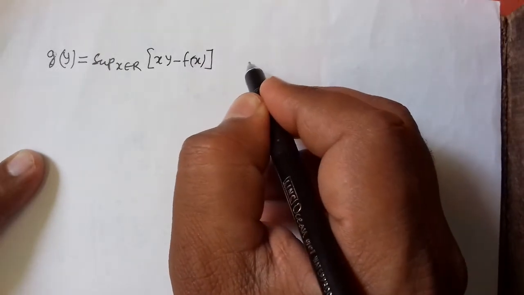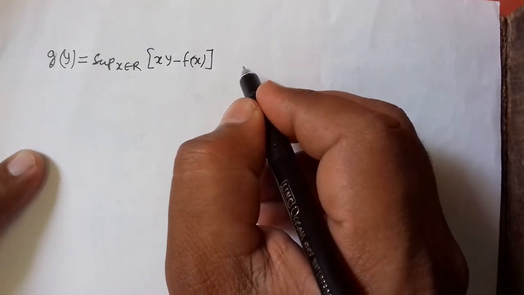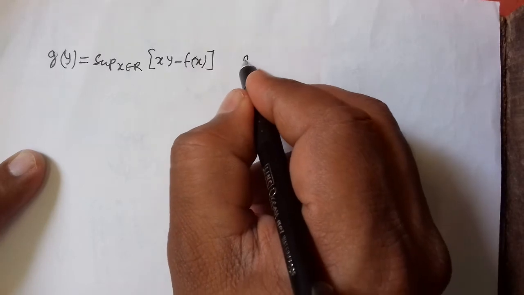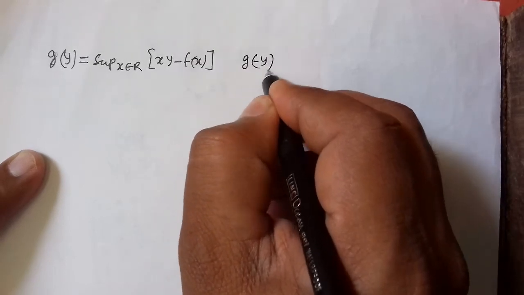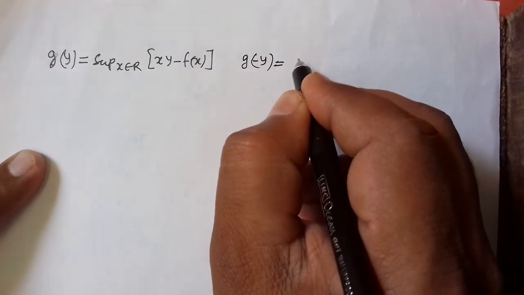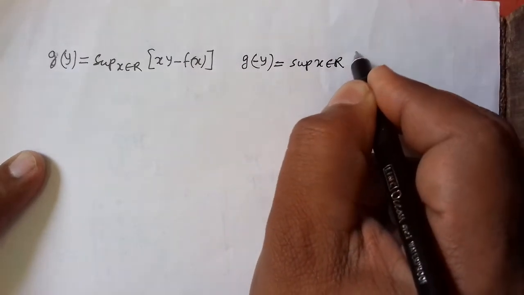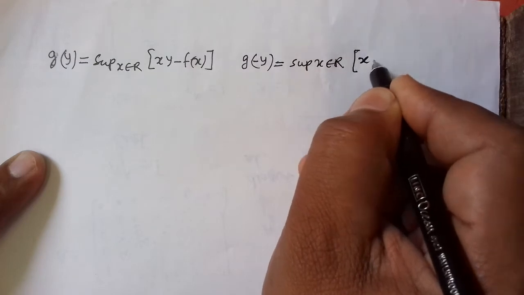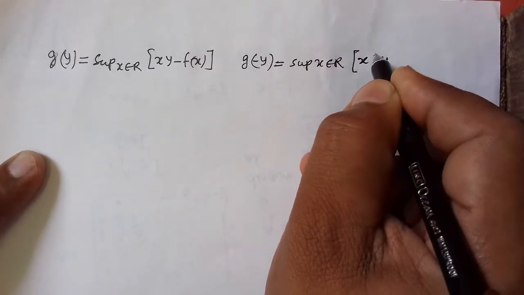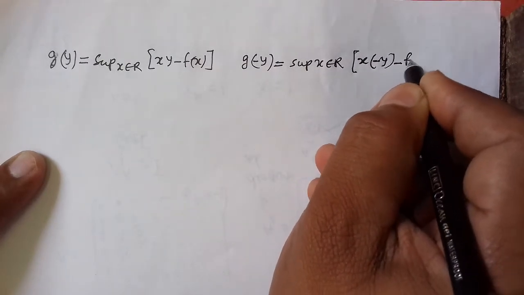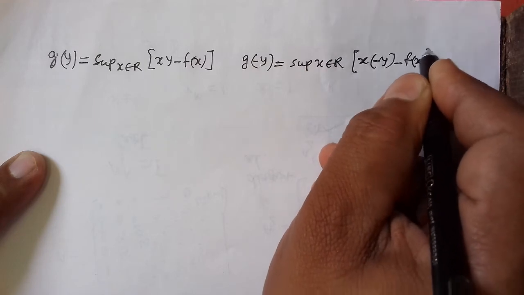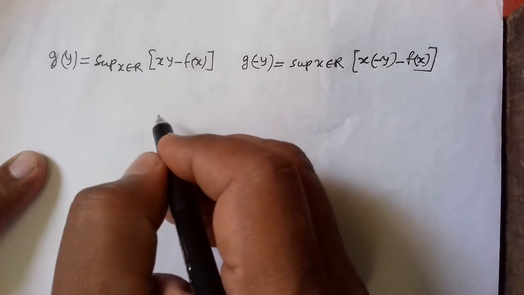To say whether it is even or odd, we find g(-y). So g(-y) will be sup over x in the real numbers, and in place of y we write minus y, and here minus f(x) as you see here.